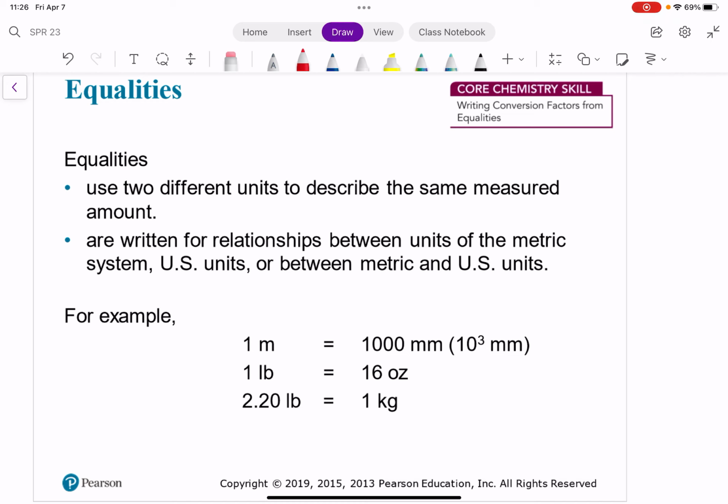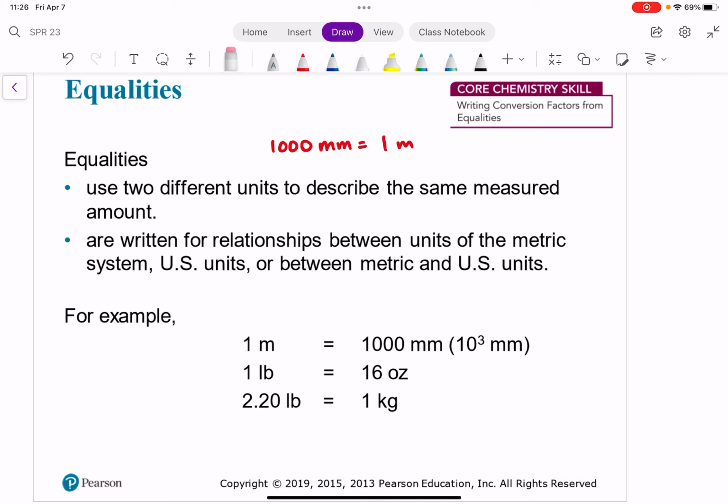So remember, 1,000 millimeters equals 1 meter. That's an equality. Two different units, millimeters versus meters, to describe the same measured amount. If you have 1 meter, you have 1,000 millimeters.